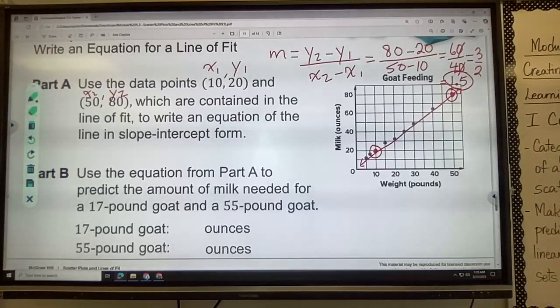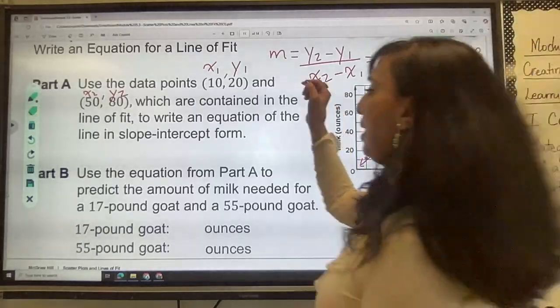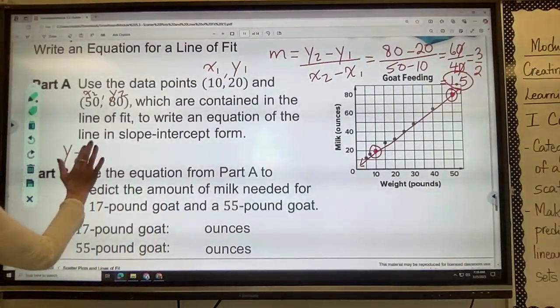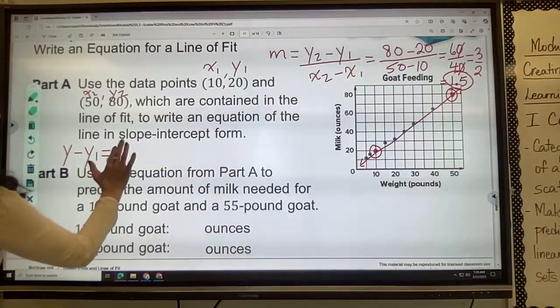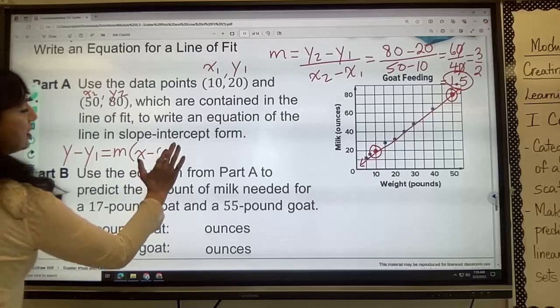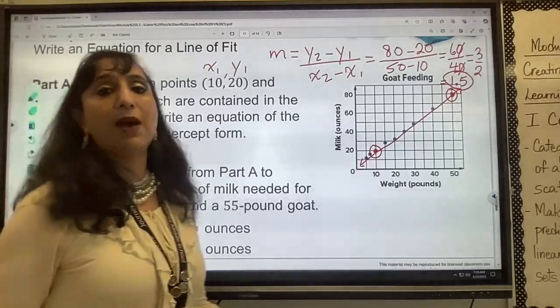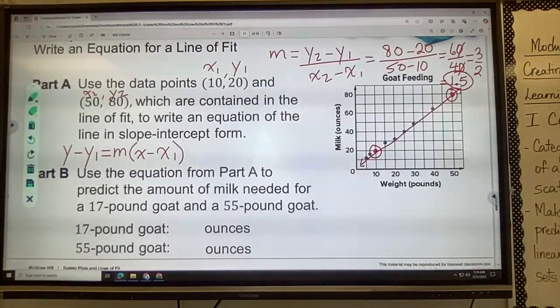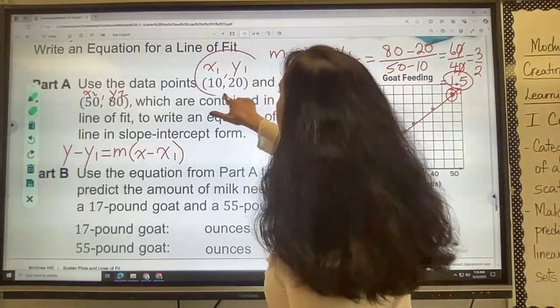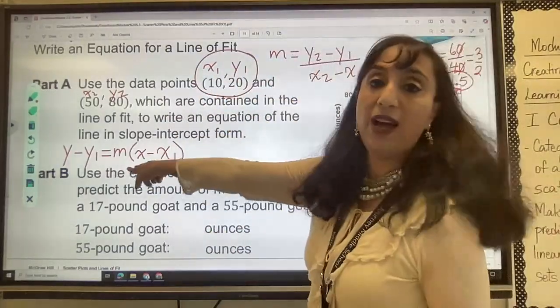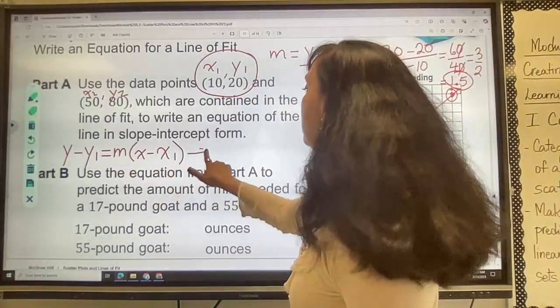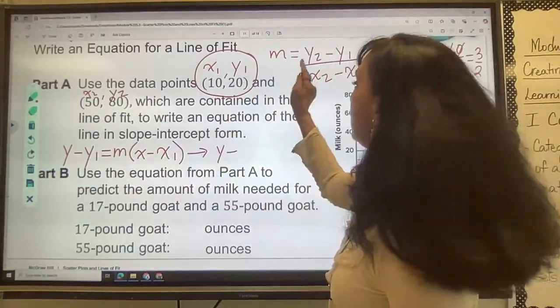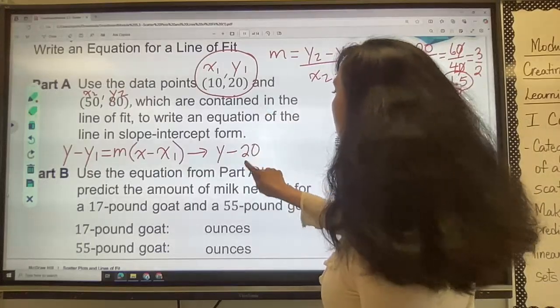And then once I have my slope, I'm going to use the point-slope form: y minus y1 is equal to m times (x minus x1). And that is my point-slope formula. Then I'm going to take the ordered pair, this one, to put in values over here. So this is y minus y1, which is 20.